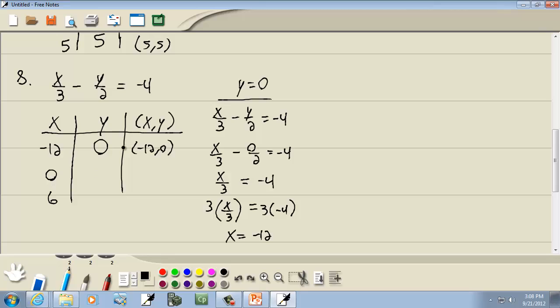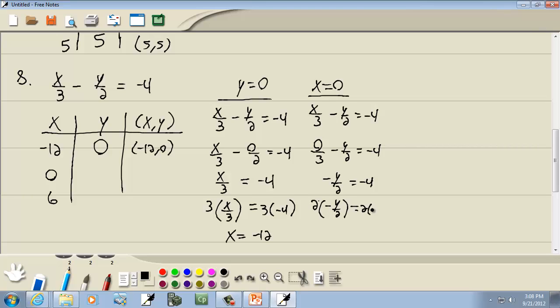Now for the next value, x is equal to 0. So again, we're going through our equation, and we're going to plug 0 in for x. So I got 0 over 3 minus y over 2 is equal to -4. 0 divided by 3 is 0, so that drops away. And we got -y over 2 equals -4. Get rid of our fraction. We'll multiply both sides by 2.